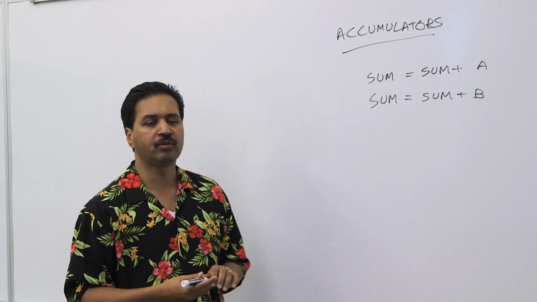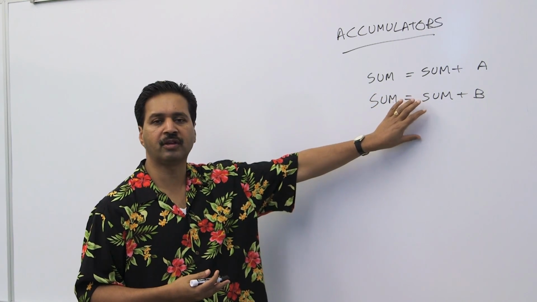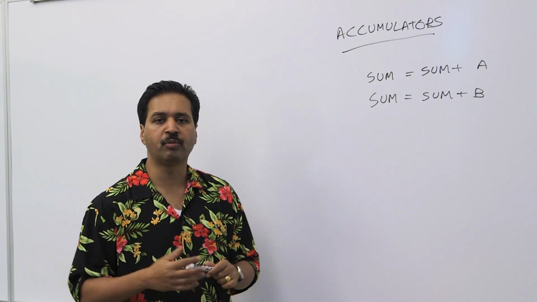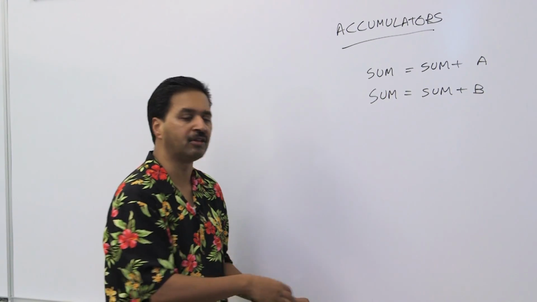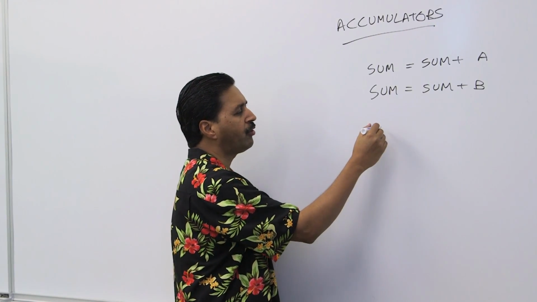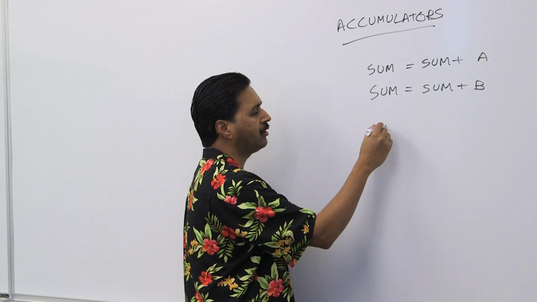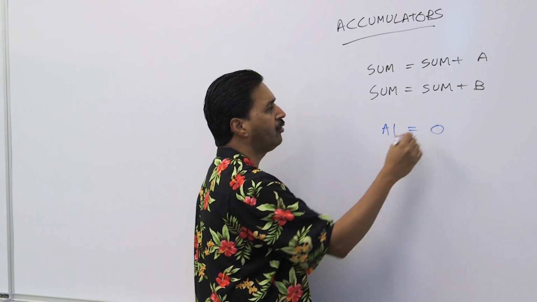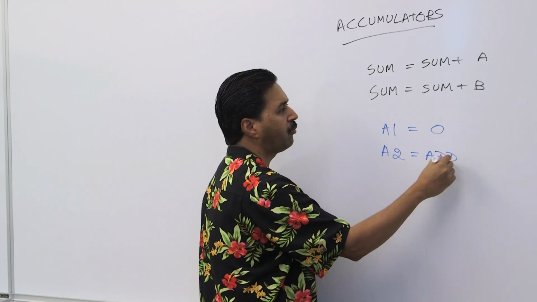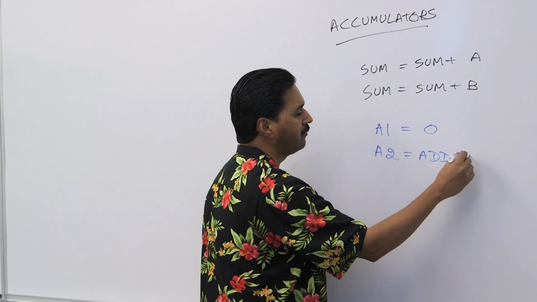But there's a problem here with functional programming because the value of sum keeps changing, whereas in functional programming we want the variable to have an immutable value, to not change once it's been assigned. So what functional programmers will do is introduce an accumulator. So they will have an accumulator A1, which will be set to 0, and A2 will, and I'll just make it an add operation, will sum, let's say, A into A1.